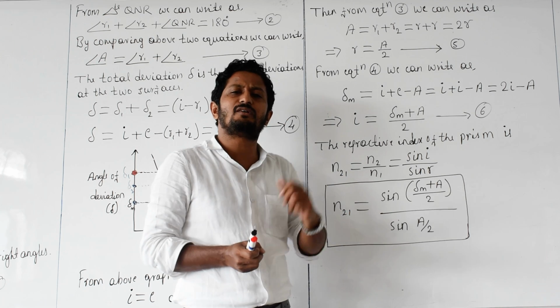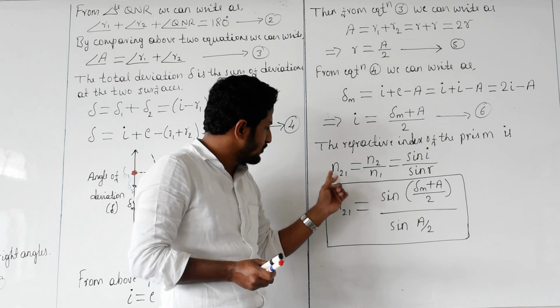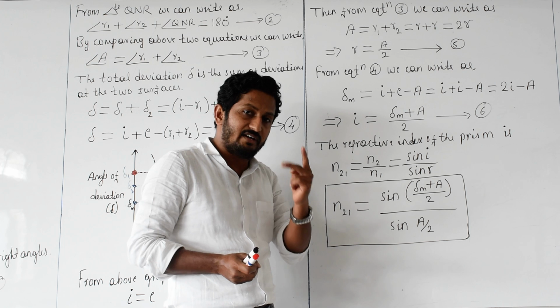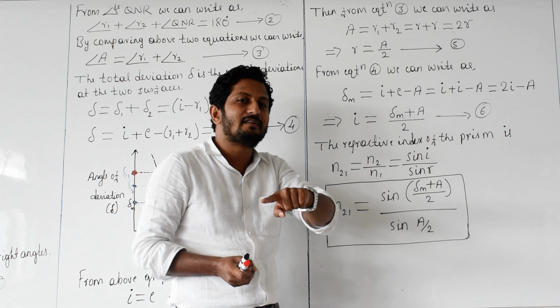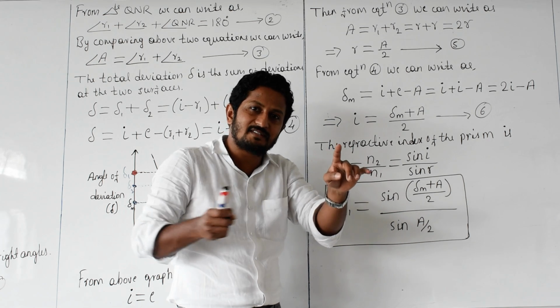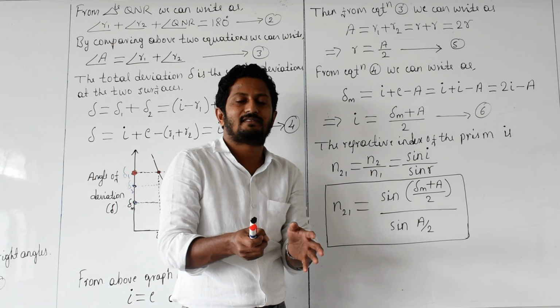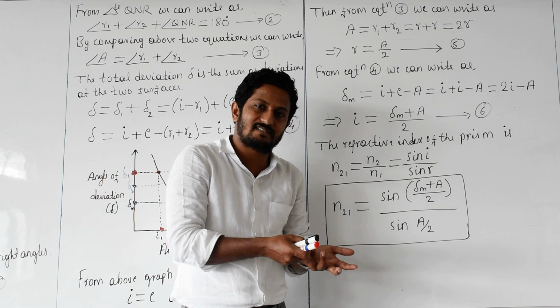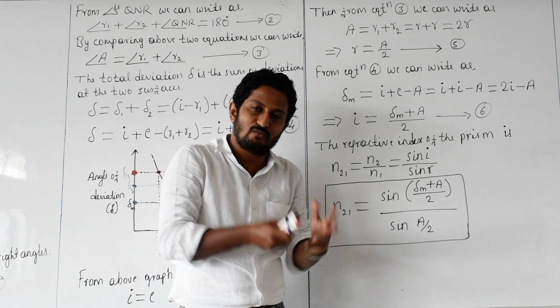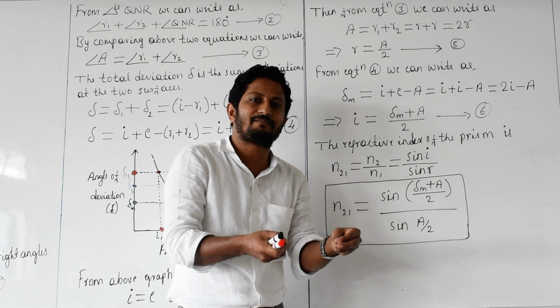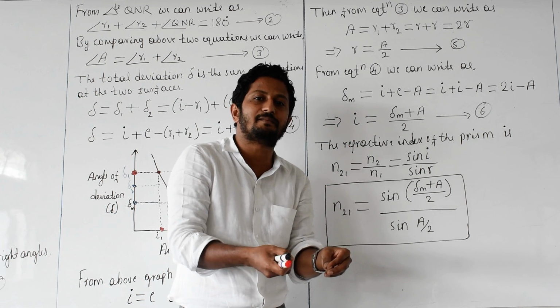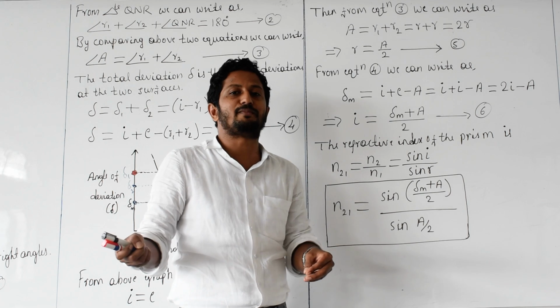Why have I written n21? n21 is the refractive index of medium 2 with respect to medium 1. Medium 2 itself is the prism. We treated it as glass. Getting what I mean? We want the refractive index of the prism, I mean of the second medium with respect to the first medium.